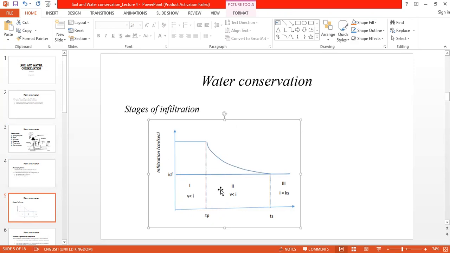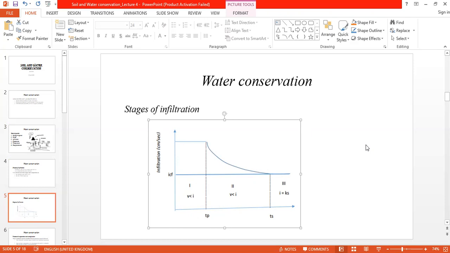So when we reach this point where the soil has become saturated, some water will start to run over the surface. If you are doing irrigation, when you reach this point, you have to stop your irrigation because the water will start to run off.